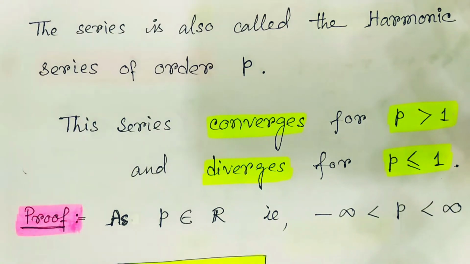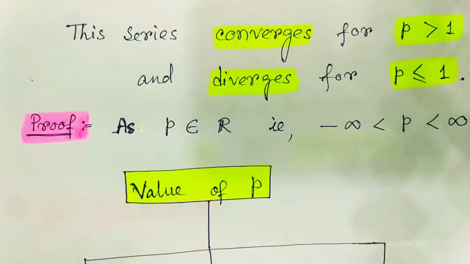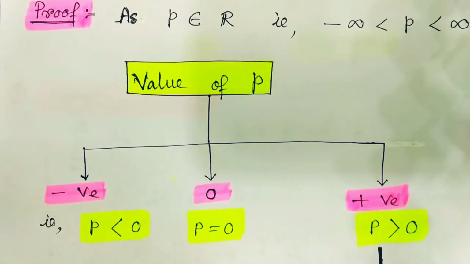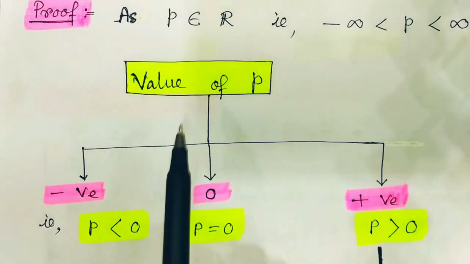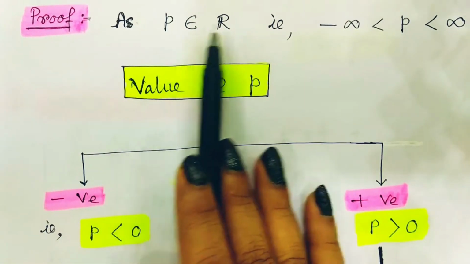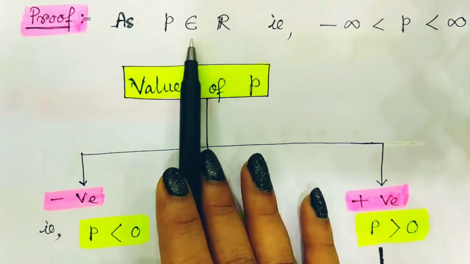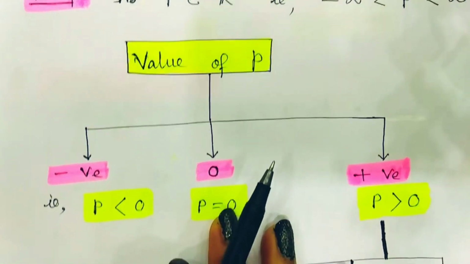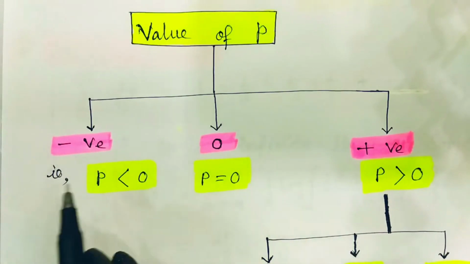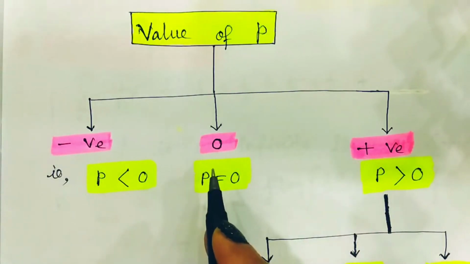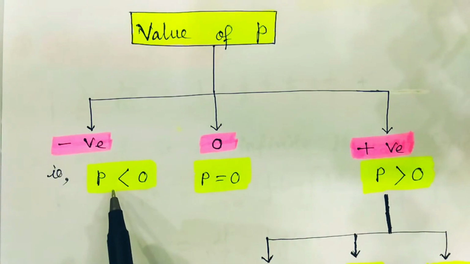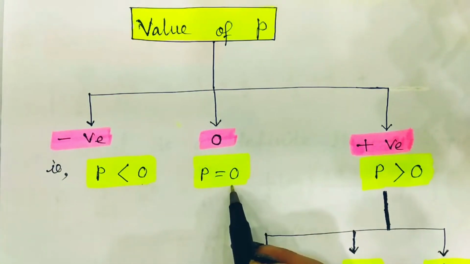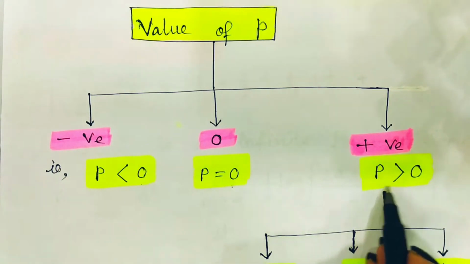For that, we should first analyze what the P values are. The P value, we know, lies in the real number set. So P can take any real number. According to that, P might be negative, positive or 0. If P is negative, we write P is less than 0. If P is 0, we write P equals 0, and if it is positive, then P greater than 0.